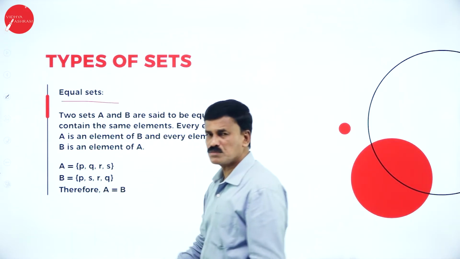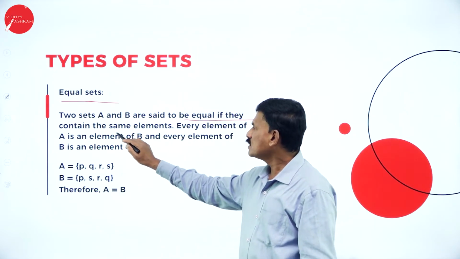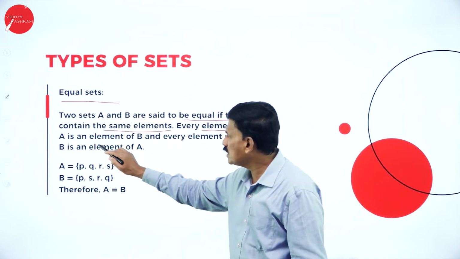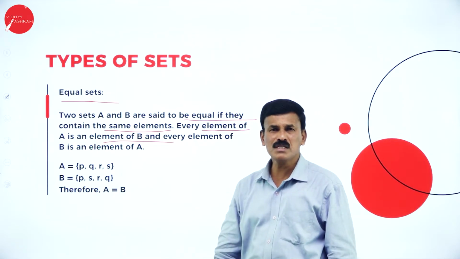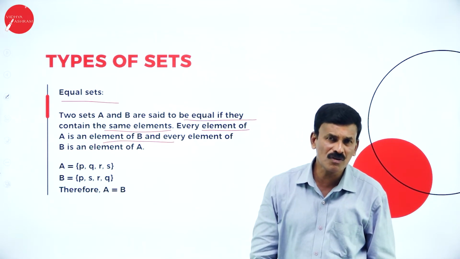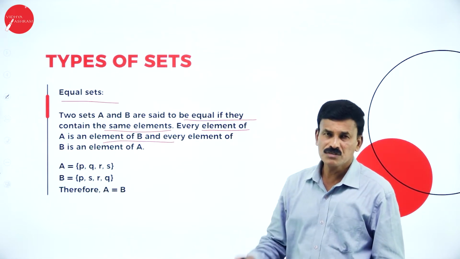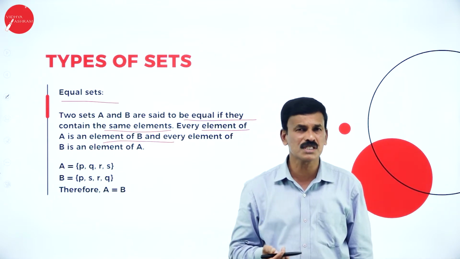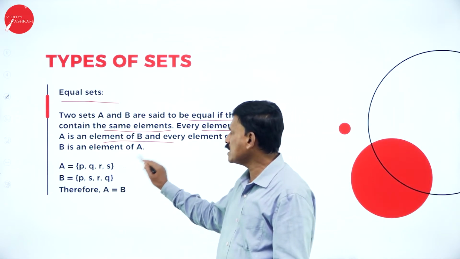Two sets A and B are said to be equal if and only if they contain the same elements and every element of A is an element of B. That means if the number of elements in both sets are equal and the elements are the same, then the two sets are said to be equal sets.